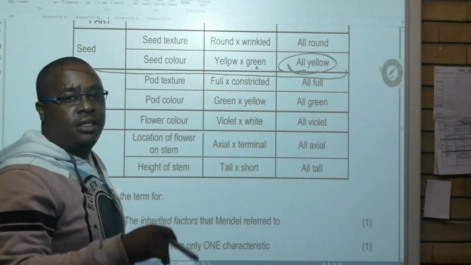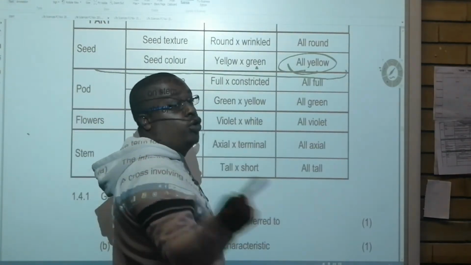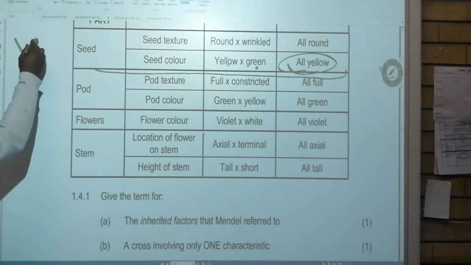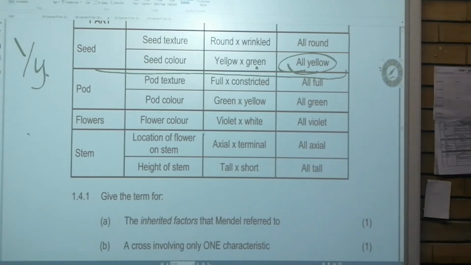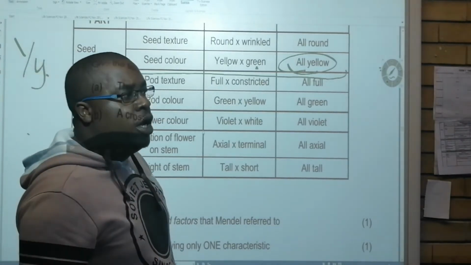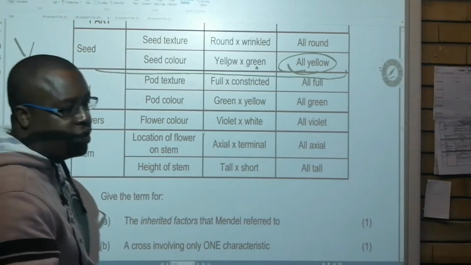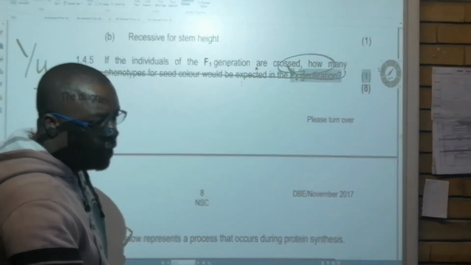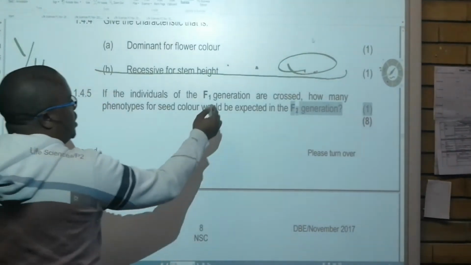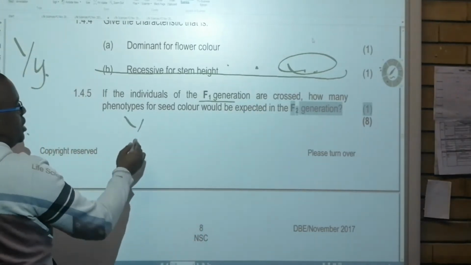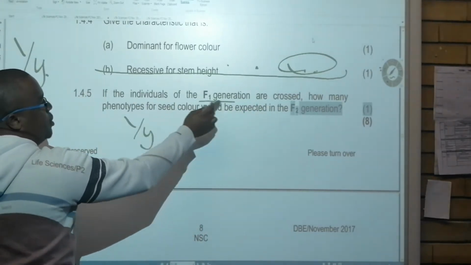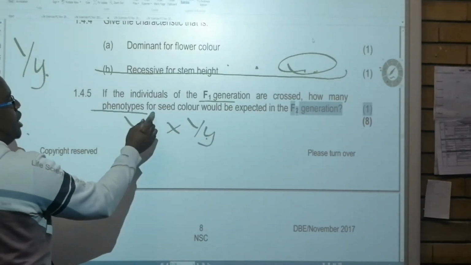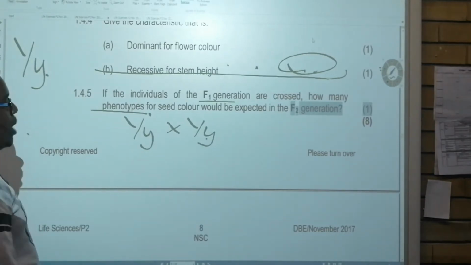It's being masked by the yellow. So the phenotype becomes yellow, but the genotype of the F1 is like this. I hope that makes sense. And if the individuals of the F1 generation are crossed, how many phenotypes will we get? We're going to get 2. Why?